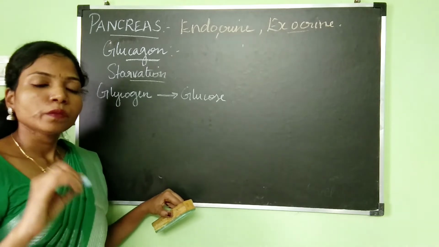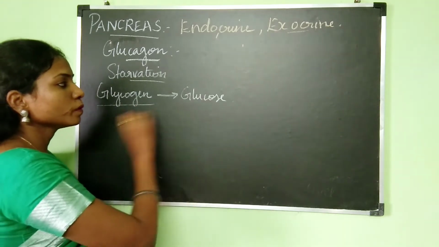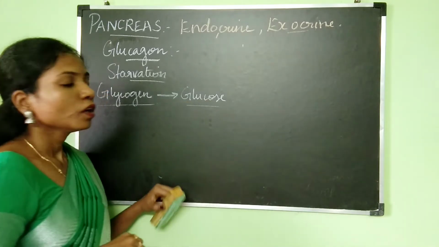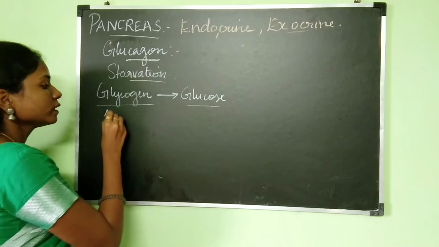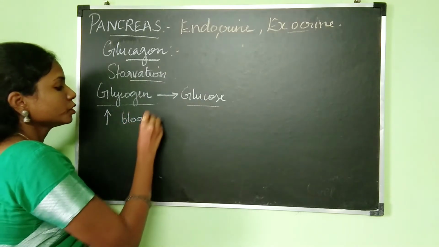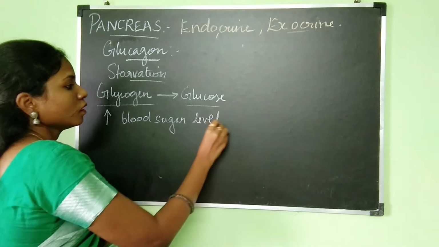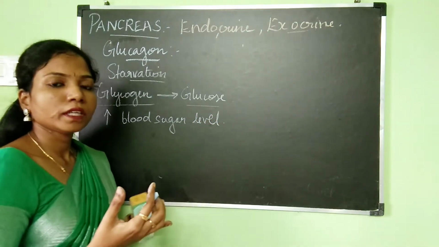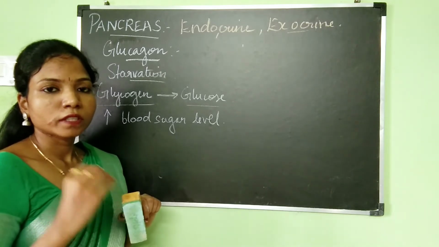So whenever there is a need, this glycogen will be broken down in order to release glucose. So the glucagon will increase the blood sugar level. Both these hormones are very important in order to maintain a proper blood glucose level.